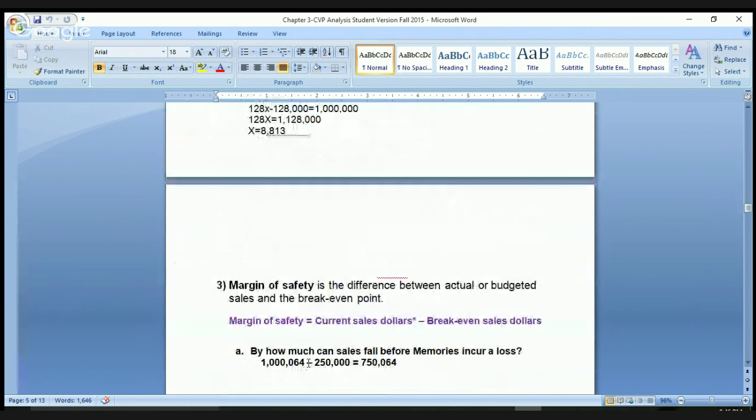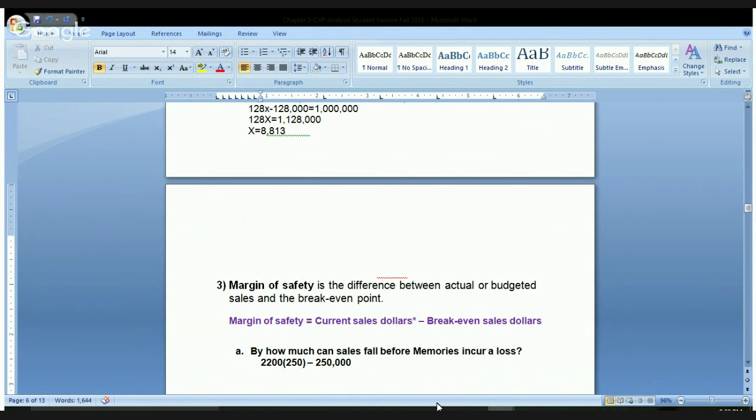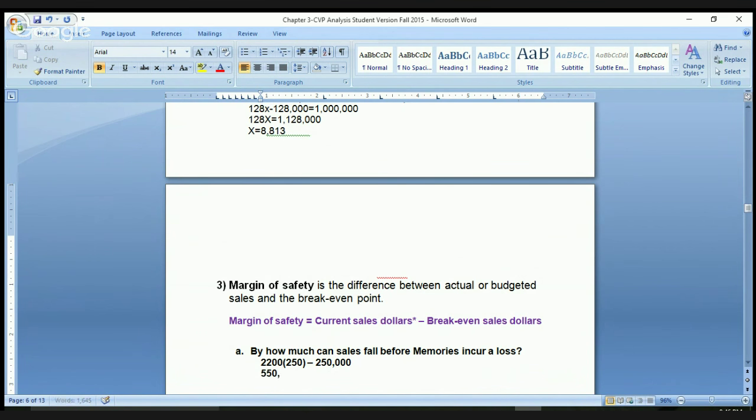So if I take the 2,200 and multiply it by 250, that is 550,000, minus the 250,000, and that equals 300,000.